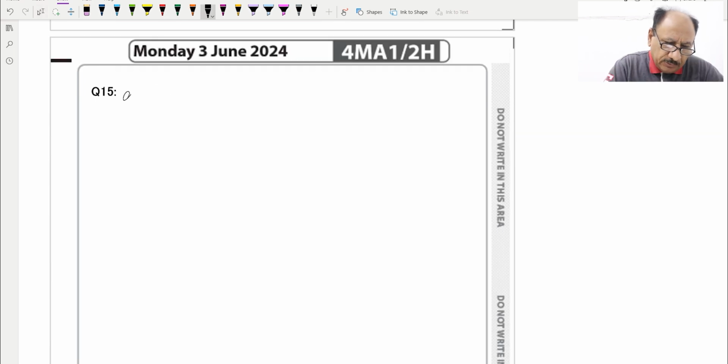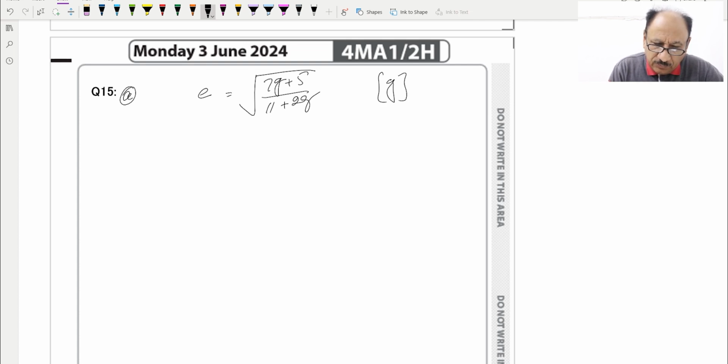A part says make G the subject, and the equation given is E is equal to square root of (7G plus 5) over (11 plus 2G), and we have to make G the subject. This one we need to make the subject, so we can take square on both sides.